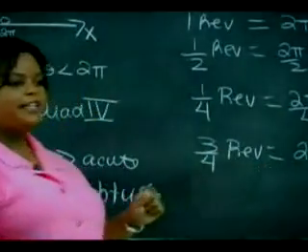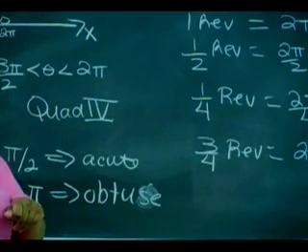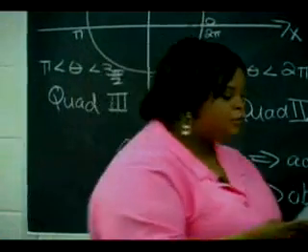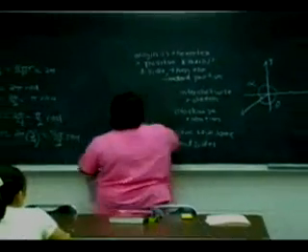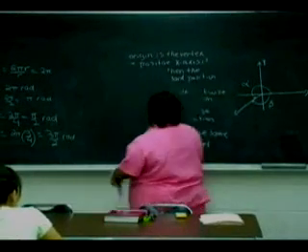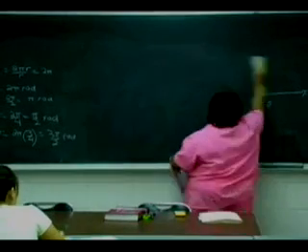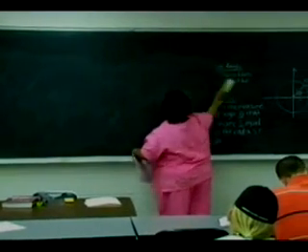Well, 0 radians and 2 pi radians have the same initial and terminal sides, so they are coterminal angles. We can find coterminal angles by either adding or subtracting 1 revolution, which is 2 pi. And we're going to look at finding some coterminal angles in a little while.